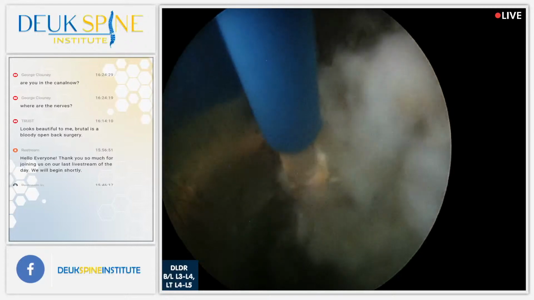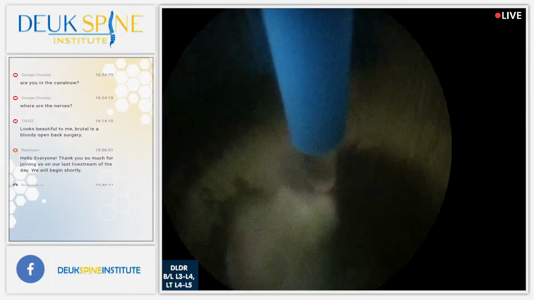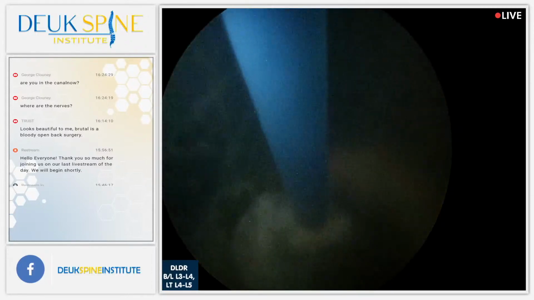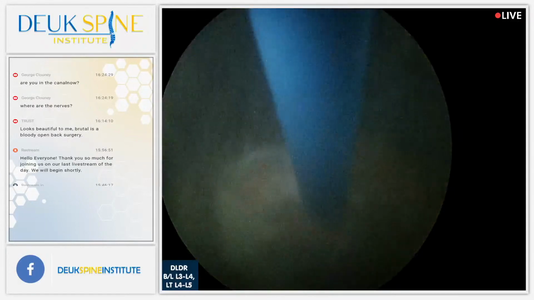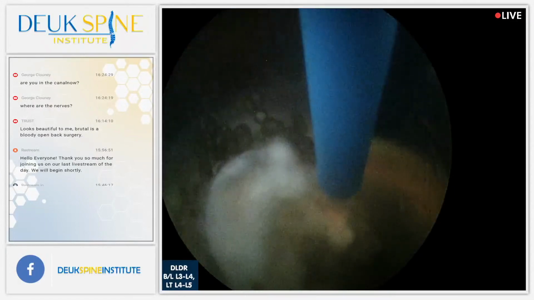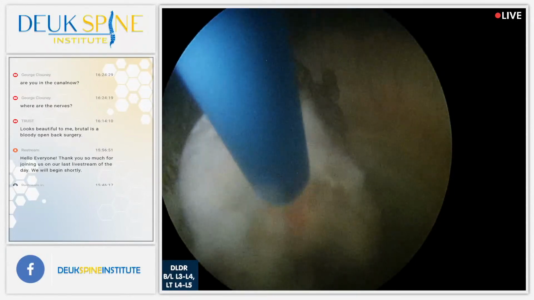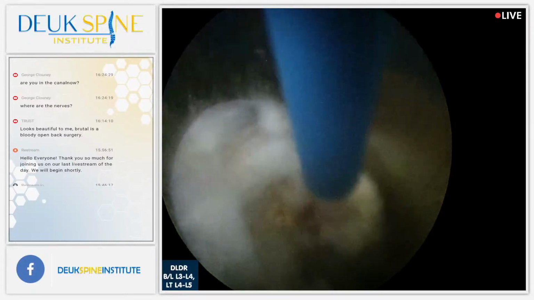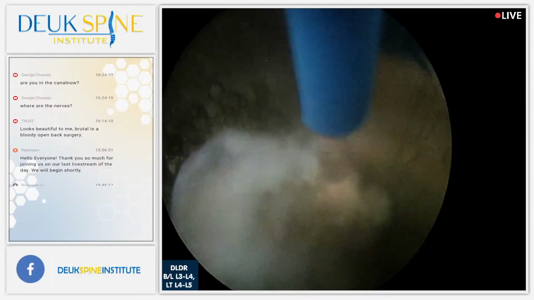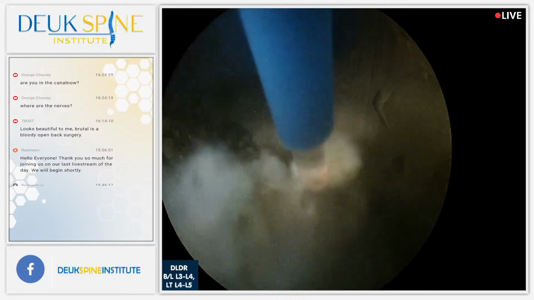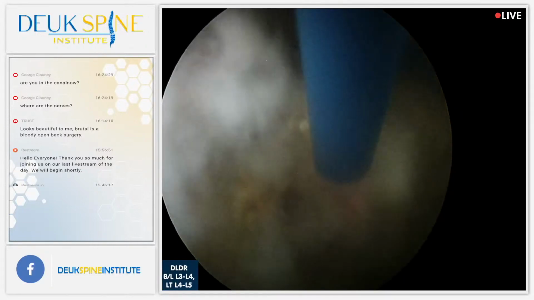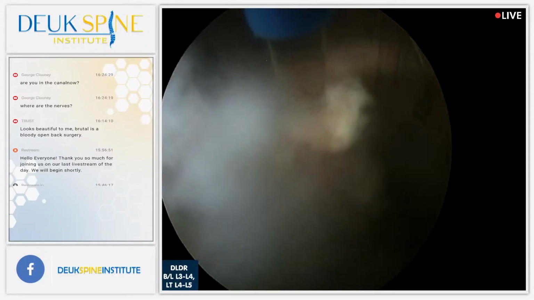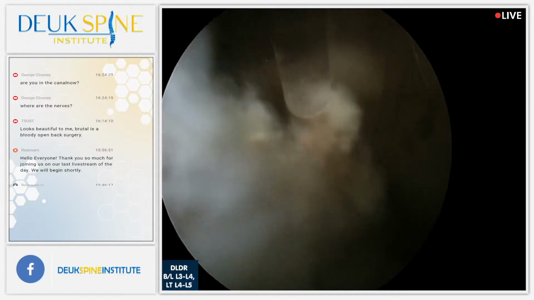Somebody asked earlier, where's the nerve root? The nerve root is on the other side of this tube, okay? We don't really want to see it because we want to protect it with the tube. But if you have to know where it is, it's literally to the left of the laser right now. Okay, just about done.